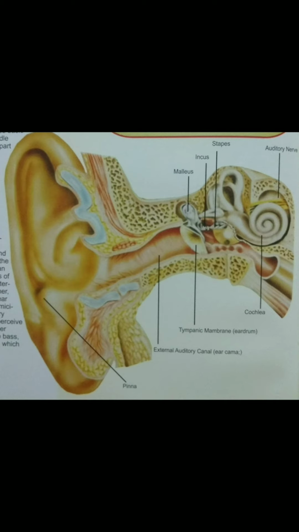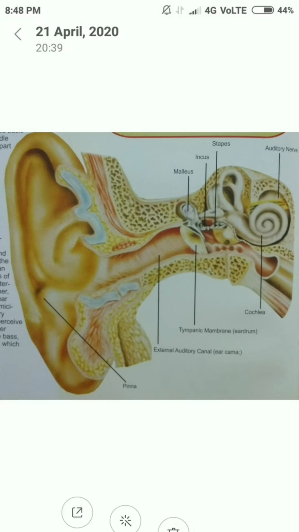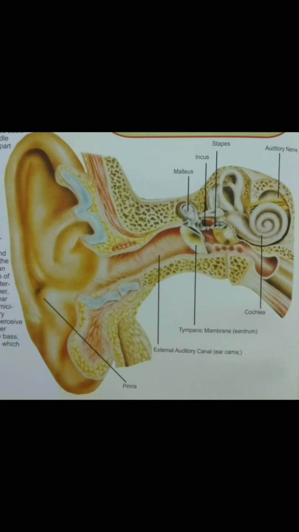So in the inner ear, the pressure variations are turned into electrical signals by the cochlea. You can see the structure of the cochlea in the figure there. So what is the function of it? The pressure variations are turned into electrical signals by the cochlea, and then these electrical signals are sent to the brain via the auditory nerve.